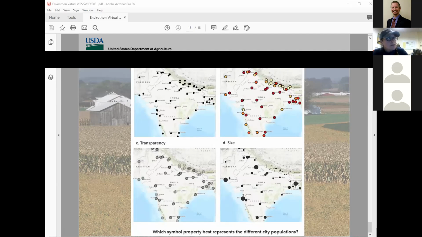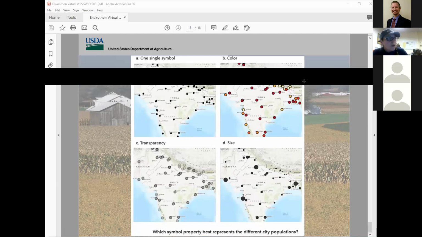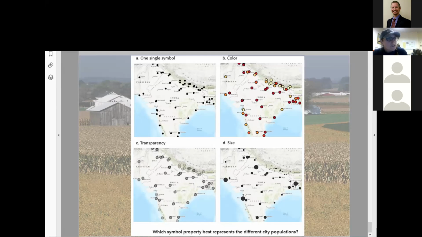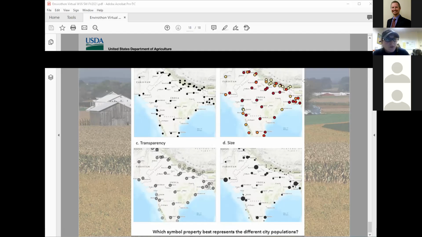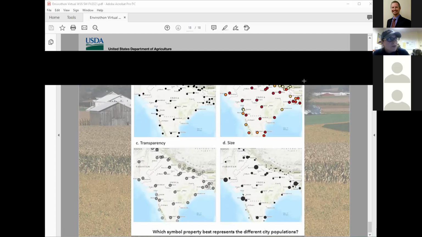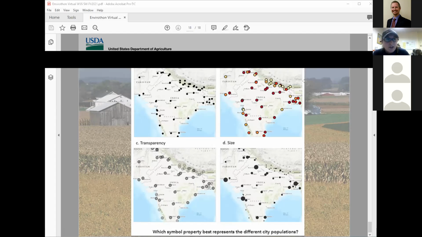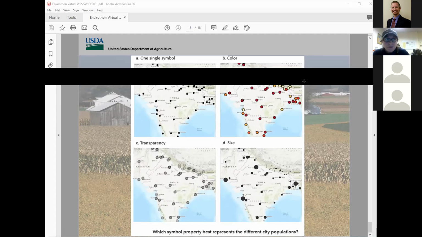So whether it is a color or a text or a size of a symbol, they're all very well thought out on how to represent those different types of information that you're trying to get across on a map. So just something to think about.